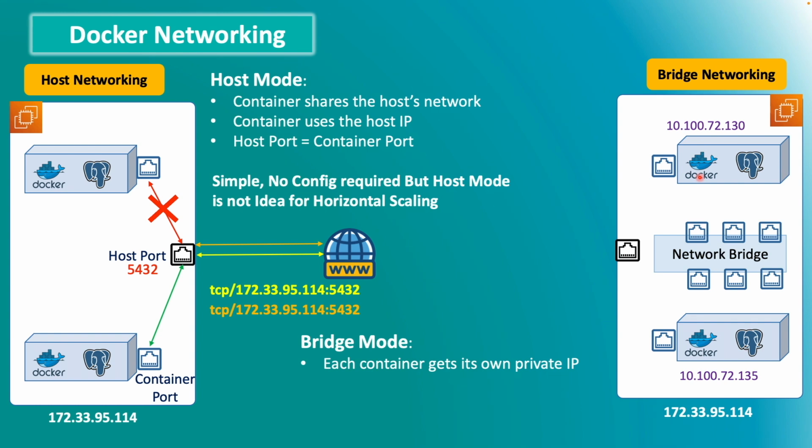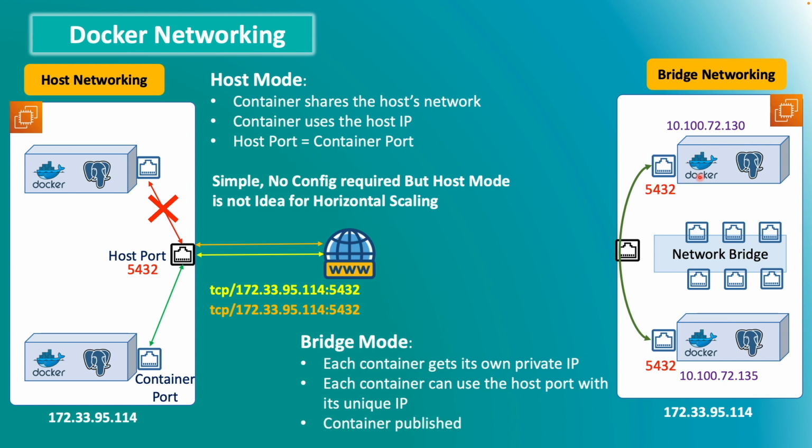Again, these container IP addresses are not public IP and internet traffic won't be able to directly reach the containers. But the benefit of this dedicated private IP is now each container can use the host port in parallel. Since the containers are in the same host, by default they can communicate with each other. And both are using port 5432.